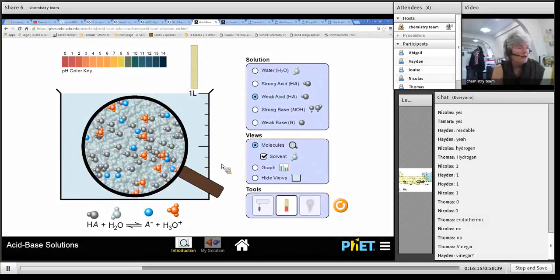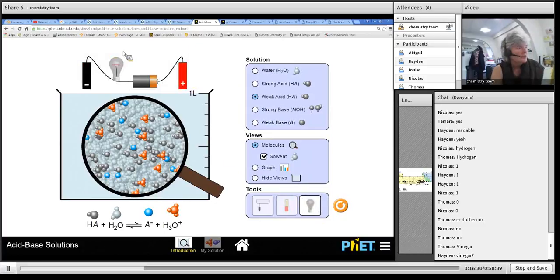Okay, now remember what we said with the standard, you had to explain the effects on reaction, conductivity and pH. So let's have a look at conductivity. If I put a system together to try and measure the current that goes through, so I have a battery.